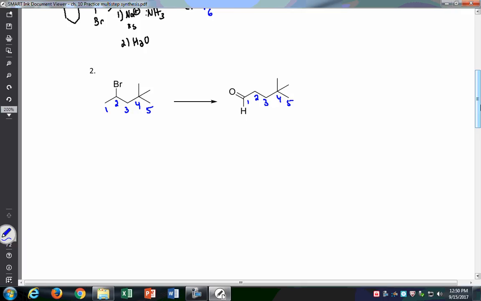Which carbons does that triple bond need to be between? One and two. Now, if I just add NH2 minus to our starting material, will I get a triple bond? No, why? Why wouldn't I get a triple bond if I added my strong base to my starting material?